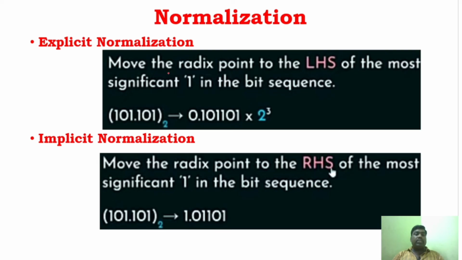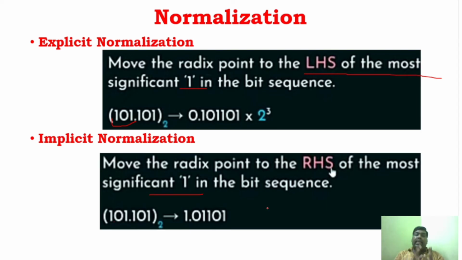Explicit normalization is moving the fixed point to the left of the most significant one. That one is very important, not just the MSB; it is the most significant one in the bit sequence. This is moved to here, that is 0 point. And implicit normalization is moving towards the right of the significant 1, that is 1 point.